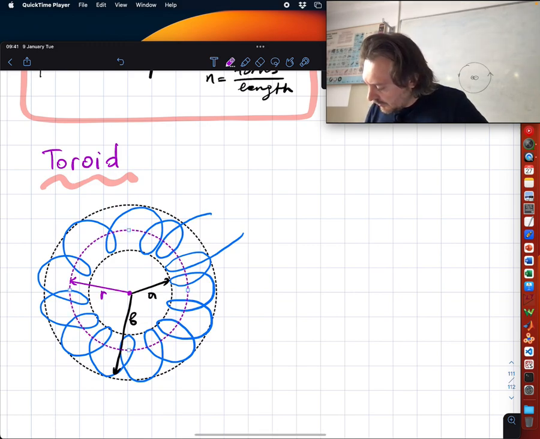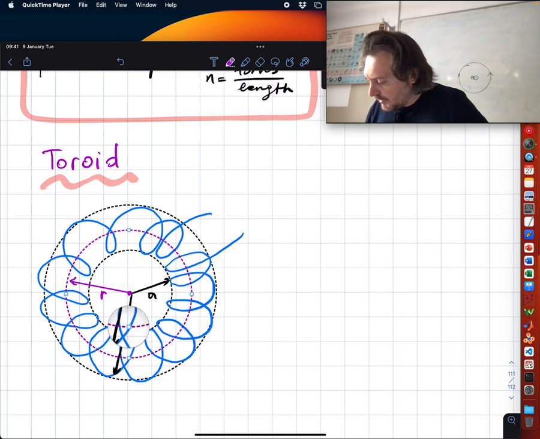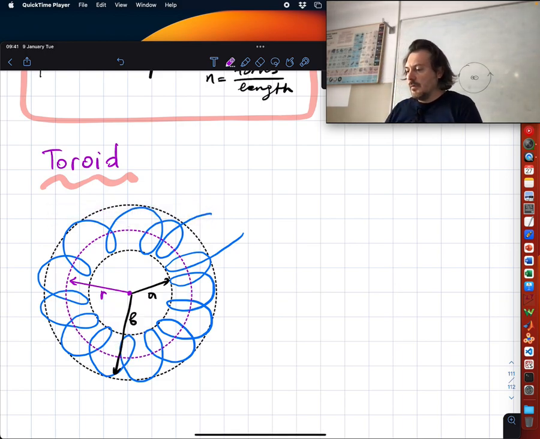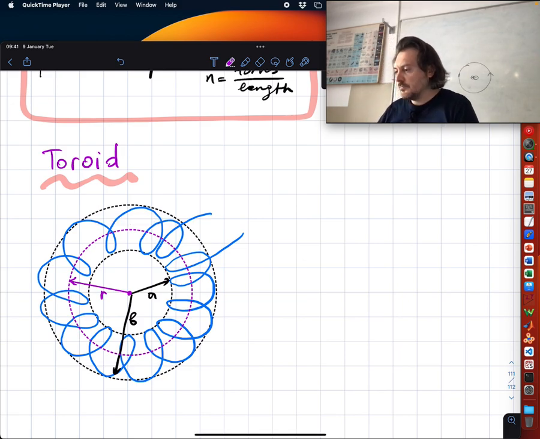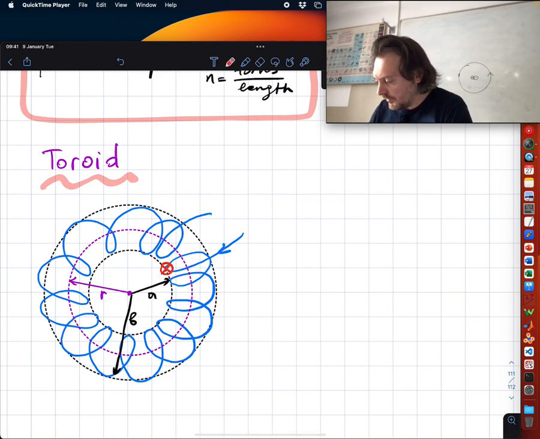Apply Ampere's law here. We don't know the currents, and even if you do know the current, it's very hard to imagine, so I have to give you the direction. Inside it goes in, and outside it goes out.